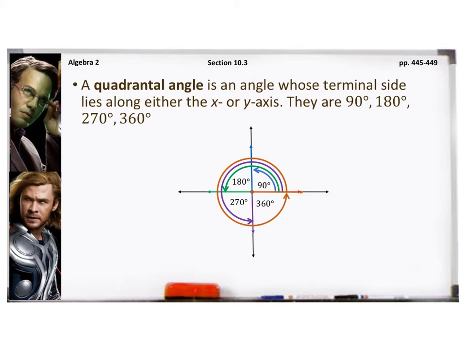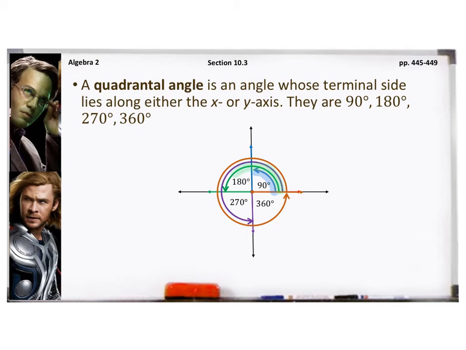All right, now we're going to talk about a quadrantal angle. A quadrantal angle is an angle whose terminal side is on an axis. In other words, it's a full quadrant. So we have 90 degrees as a quadrantal angle.